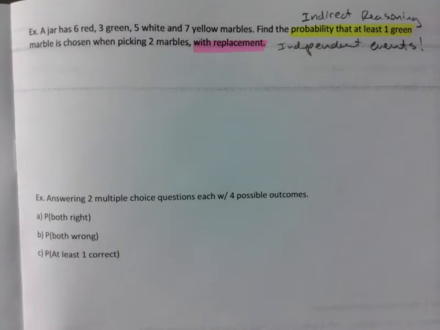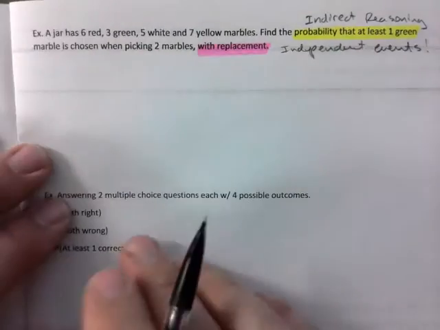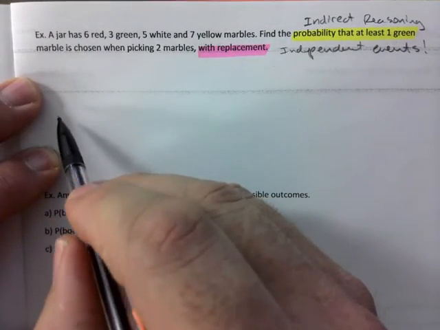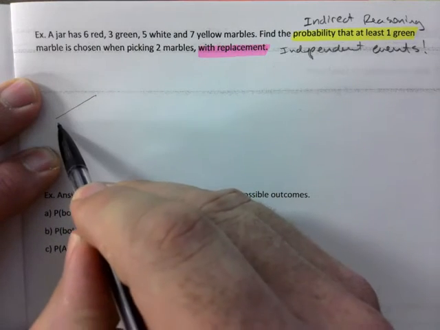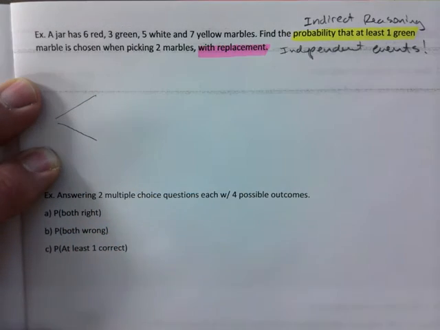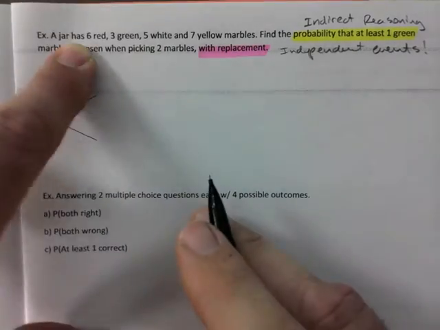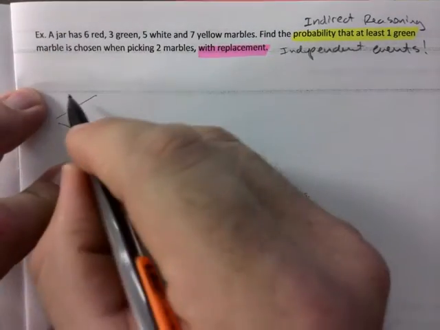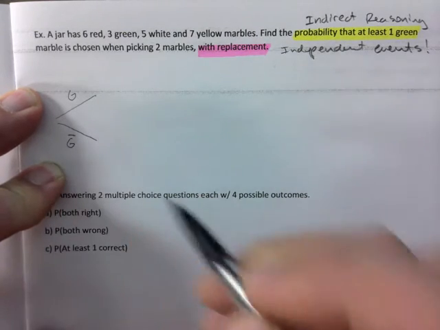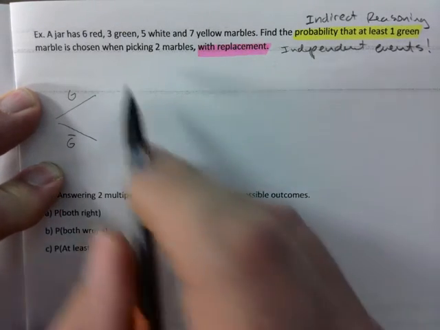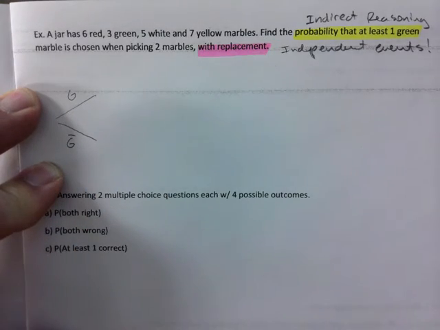But remember I told you about the tree diagrams? I love trees because I always go on trees, on tree stands when I go hunting. I sit on a tree and just wait for something to happen. So here we go. What we're going to focus on is the green. So let's say we draw the first marble. We're going to focus on green, not green. But Mr. Dirksen, there's red ones and yellow and all that.